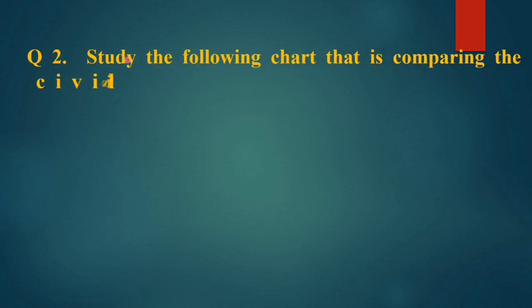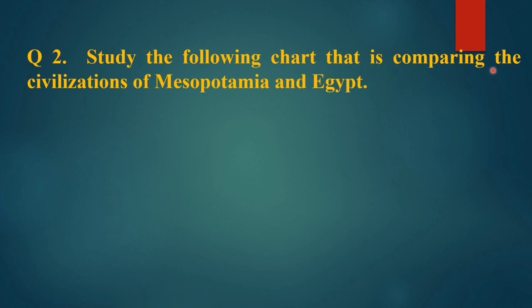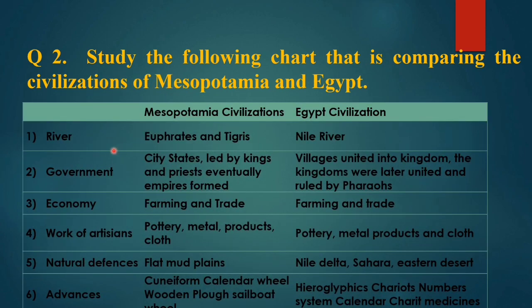Number 2, study the following chart that is comparing the civilization of Mesopotamia and Egypt. Now this is a chart. River, Mesopotamia civilization and Egypt. River, first of all let's see the rivers. Euphrates and Tigris.